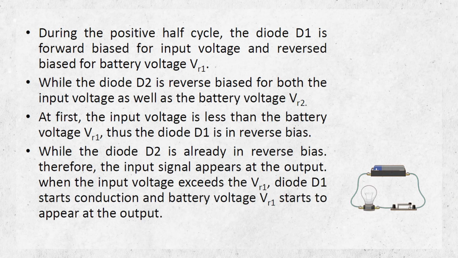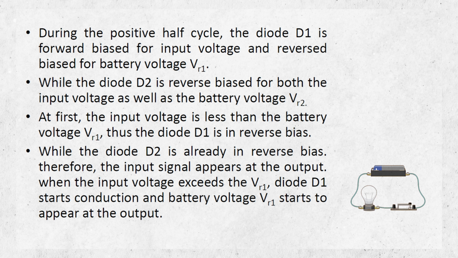So, when the positive half cycle of the input comes, the diode D1 gets forward biased due to the input voltage, but until the voltage is increased up to VR1, it will be reverse biased from the battery side. The diode D2 is reverse biased for both the input voltage as well as the battery voltage VR2.